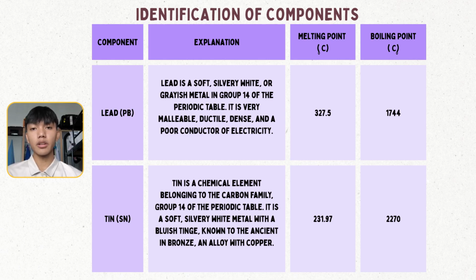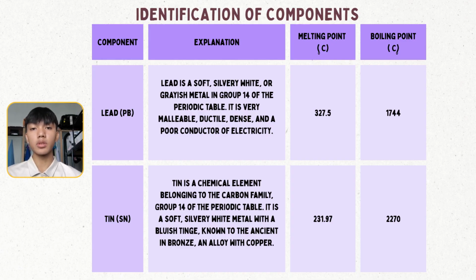Lead is a soft, dense, and silvery gray metal. It is highly malleable and ductile. The melting point of lead is 327.5 degrees Celsius, and its boiling point is 1744 degrees Celsius. For tin, it is a soft, silvery white metal with a bluish tint.